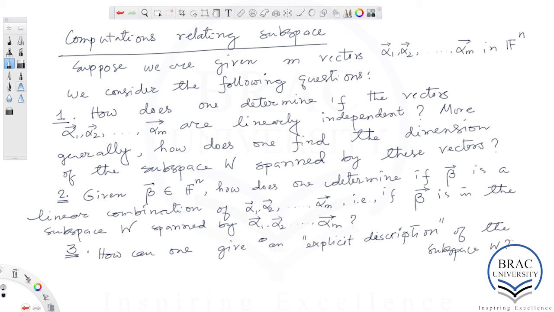What we really mean by this explicit description will be clear in a while. So these are the three questions. Let us discuss the most general method to address these questions.